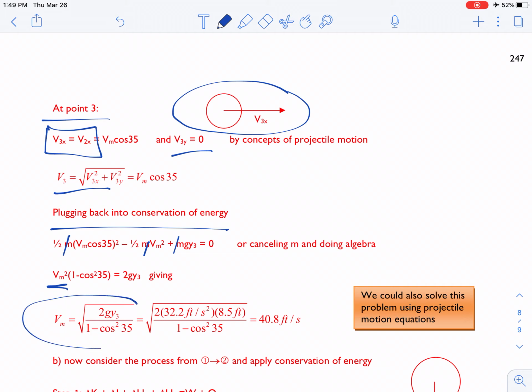Once you get this equation, all you need to do is plug the numbers in and check your units. It becomes feet squared over second squared, and taking the square root, it gives you feet per second, and it is 40.8 feet per second. So that's how you do the energy conservation. And once in a while, you have only one equation and more than one unknown, so you're going to make a new plan, revise your plan at that point.